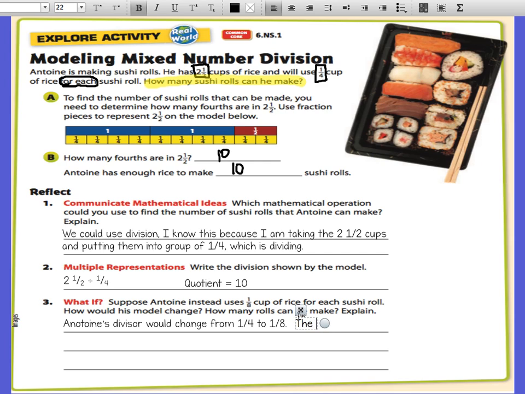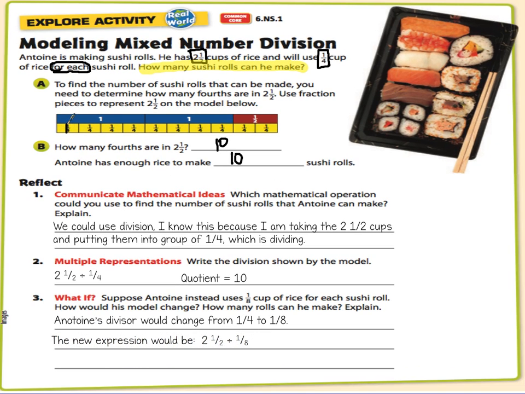So the new expression would be 2 and 1/2 divided by 1/8. If I drew a picture, I know that each of these would be split in half to make eighths. So there would be 2/8, 4/8, 6/8, 8/8.